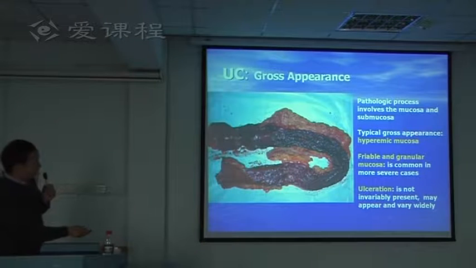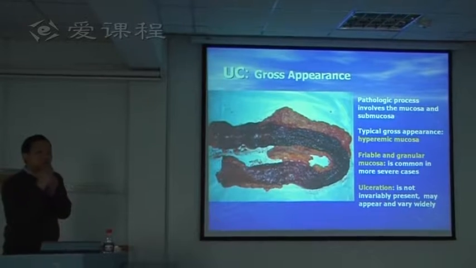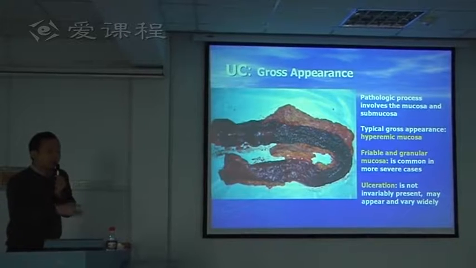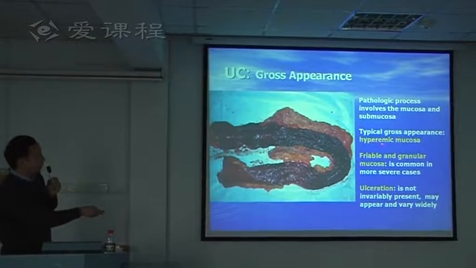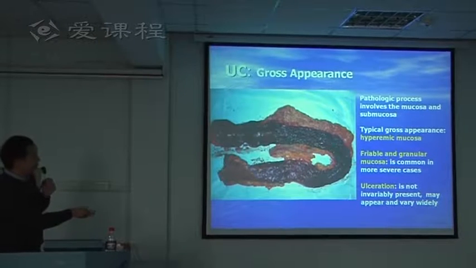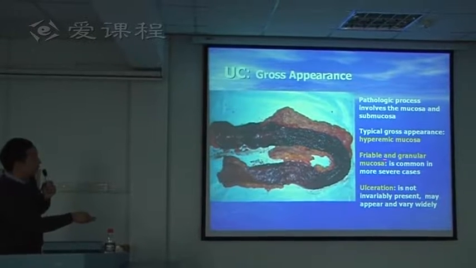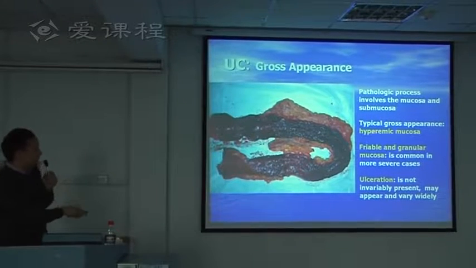So the typical gross appearance is hyperemic mucosa. But this one is even darker because of venous congestion. The typical appearance is hyperemic, friable, granular mucosa.